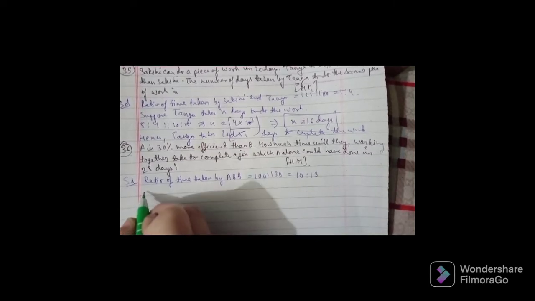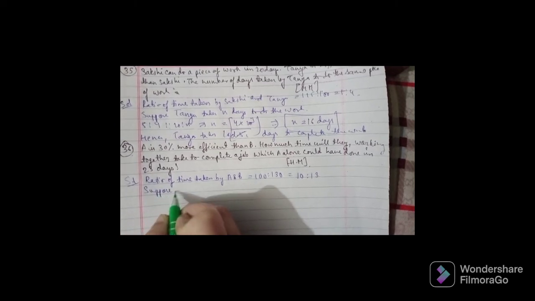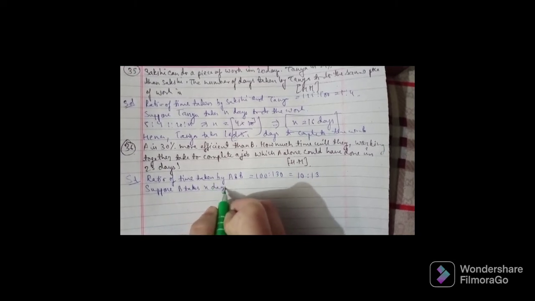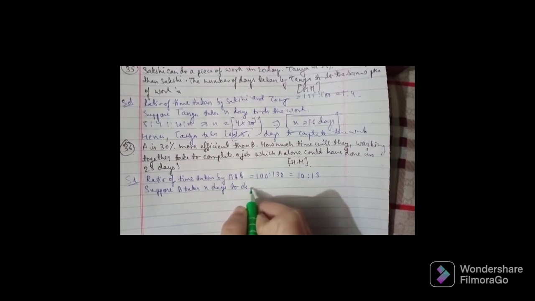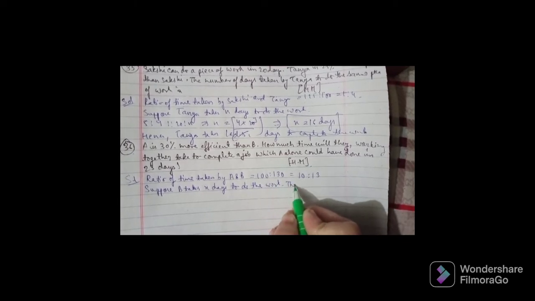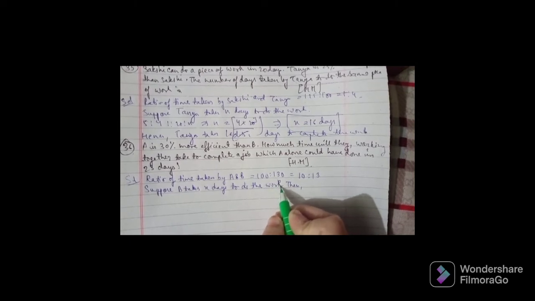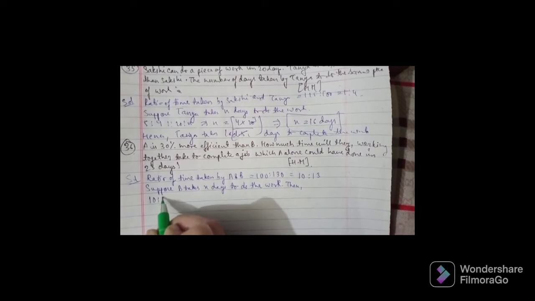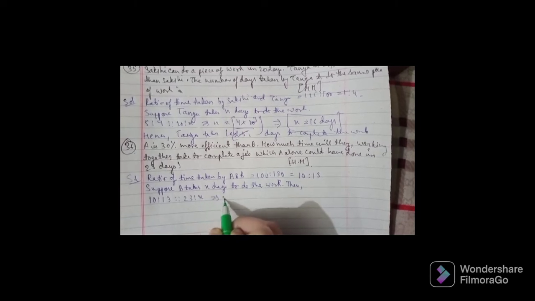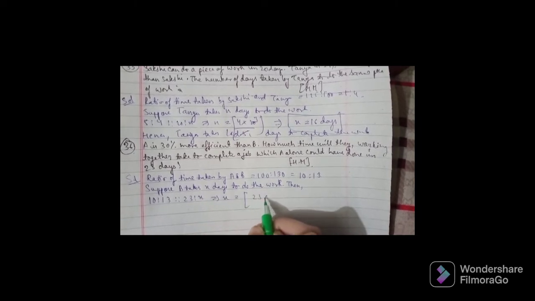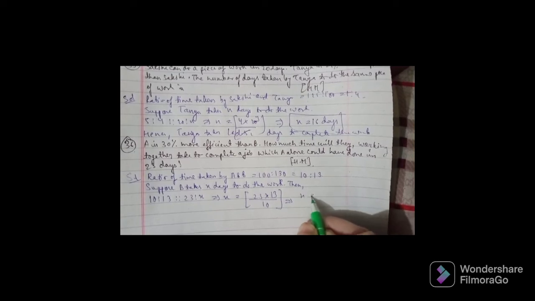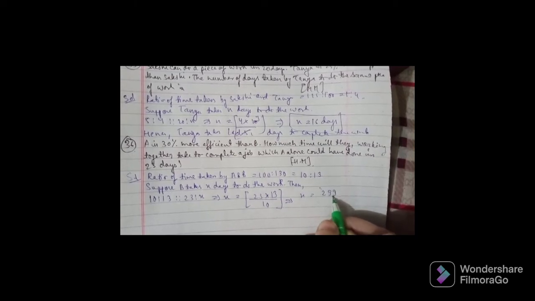Suppose B takes x days to do the work. Then the ratio 10 to 13 equals 23 to x, which gives x equals 23 into 13 upon 10. That is x equals 299 upon 10.